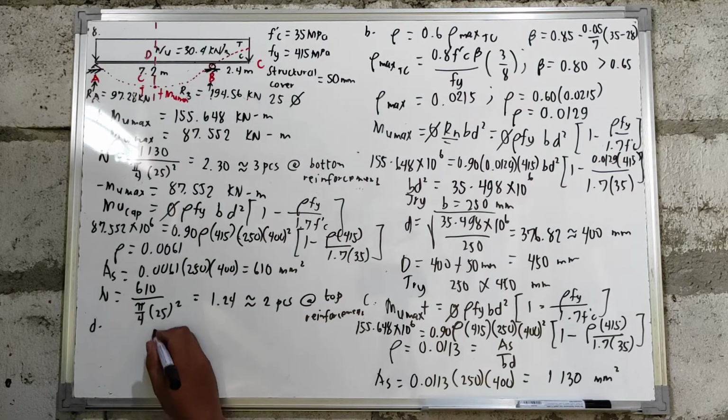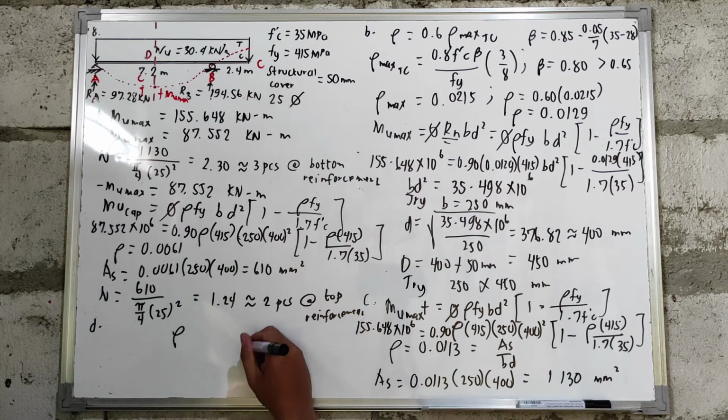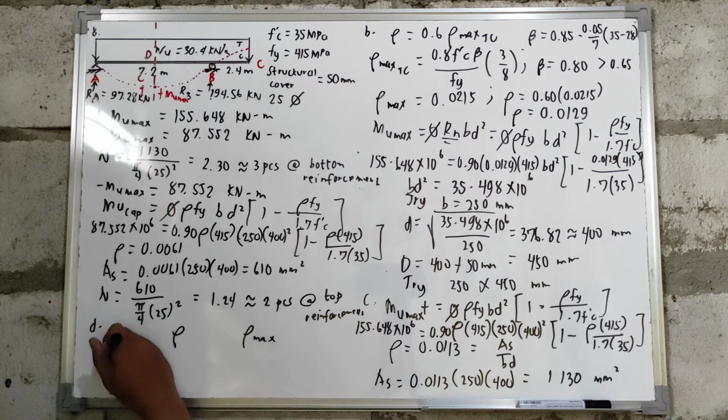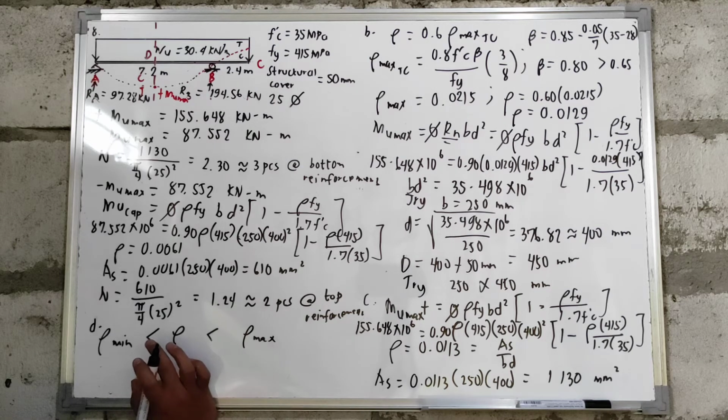So, kunin ngayon natin yung value ng rho actual natin. I-compare natin siya sa rho max. I-compare natin siya sa rho minimum. So, kung yung rho actual natin that is greater than the rho minimum but less than the rho max, we can now say na ductile yung failure natin. So, kunin muna natin yung rho actual natin.